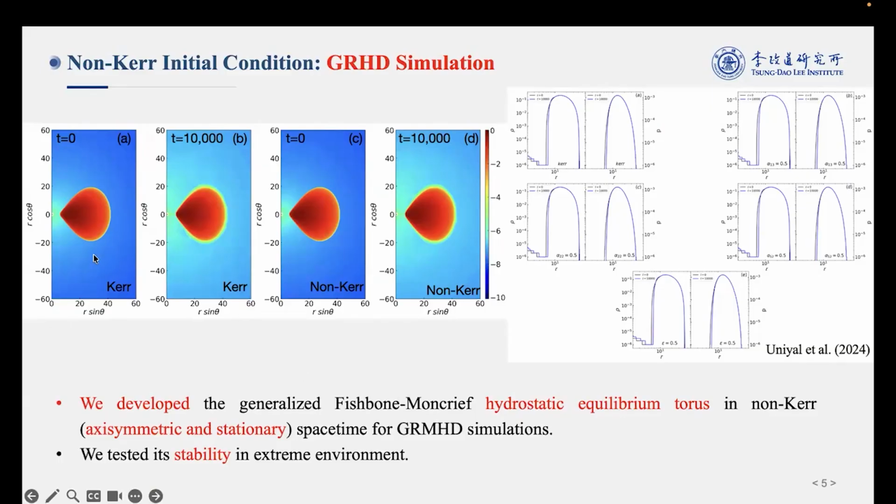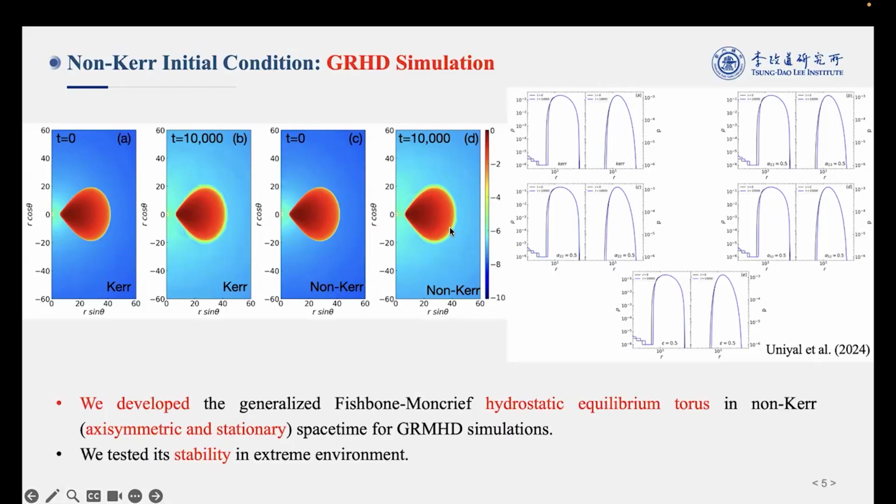Like I'm showing here, this is the Kerr case when you evolve your hydrodynamical equilibrium torus to a very large time. And you do the similar thing with our own developed torus, which is labeled as non-Kerr here. As we see, it remains in the hydrodynamical equilibrium.